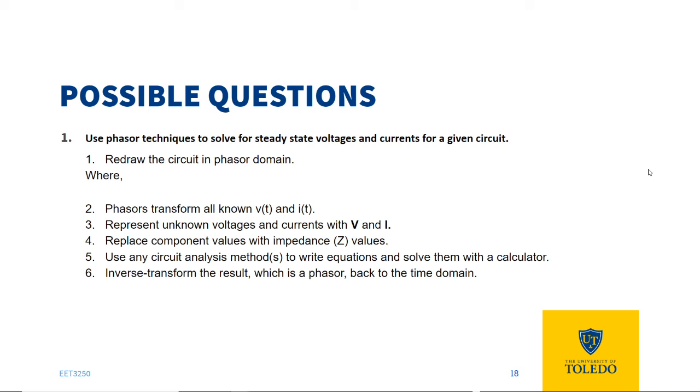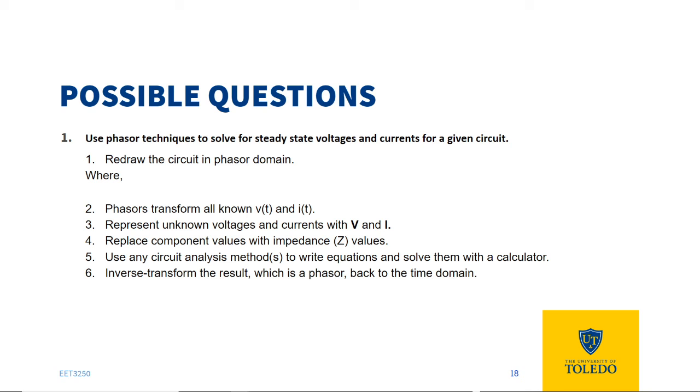Now, the possible questions. Question number 1. Use phasor techniques to solve for steady state voltages and currents for a given circuit. 1. Redraw the circuit in the phasor domain, where 2. Phasors transform all known V of t and I of t. 3.